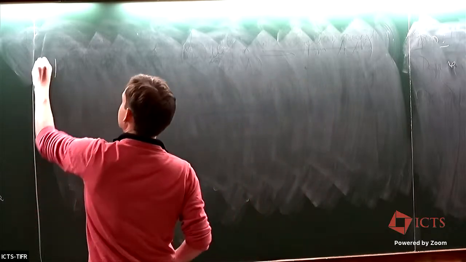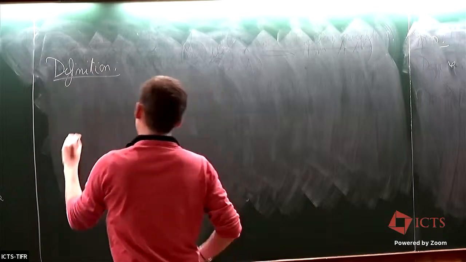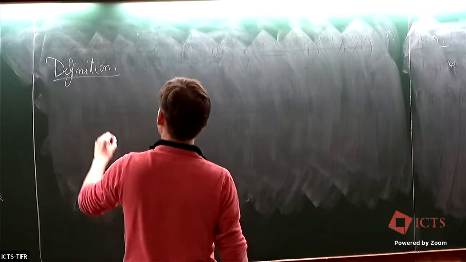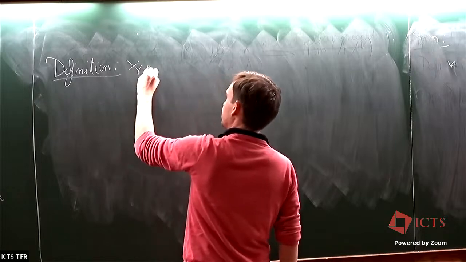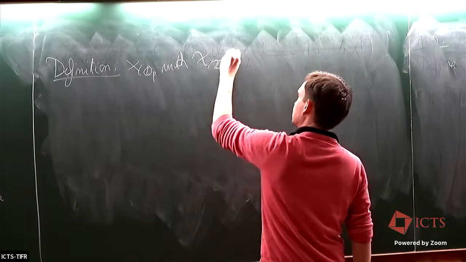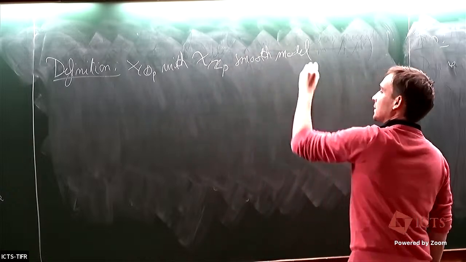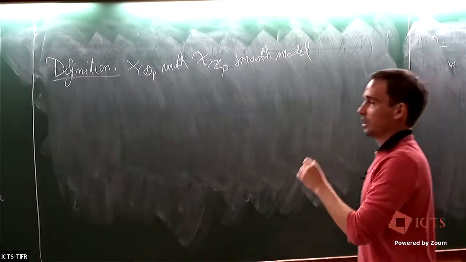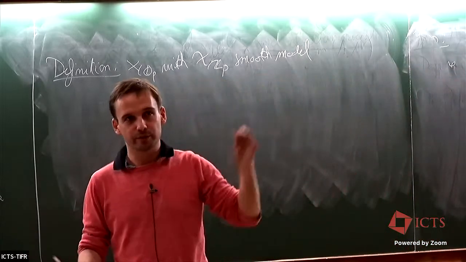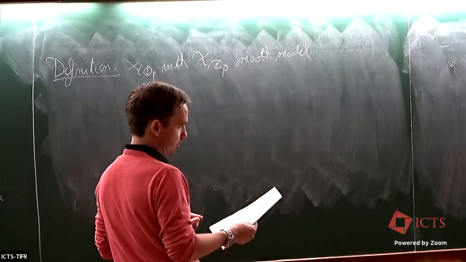So here, let's take, I'll just give it in this case, X over Qp with a smooth model over Zp. Actually it's useful in much more generality, but I just give this here to give you the idea. In the notes, I think I'm slightly more general.